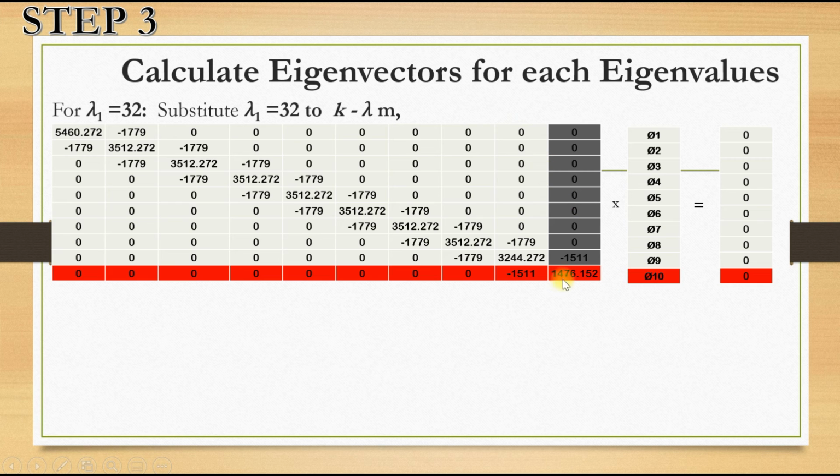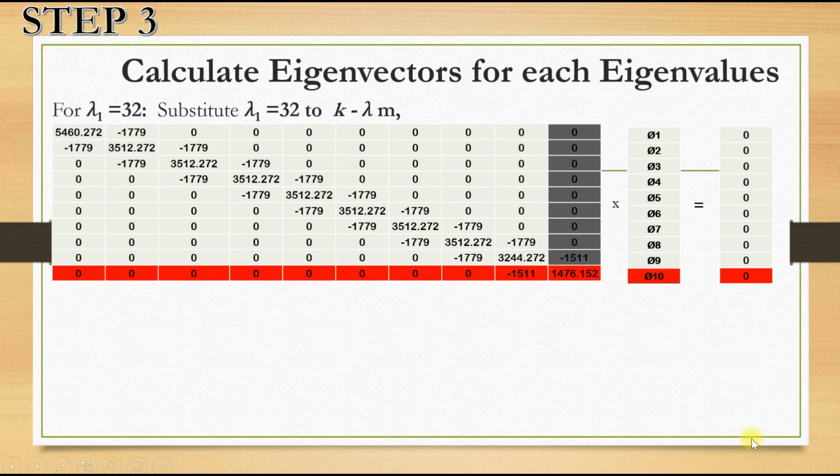So, since makikita natin dito na walang ni isa dito sa eigenvectors natin ang may value, no solution sila. So, para makuha natin yung solution niya, we have to assume na itong eigenvector of mode 1 ay equal to 1.